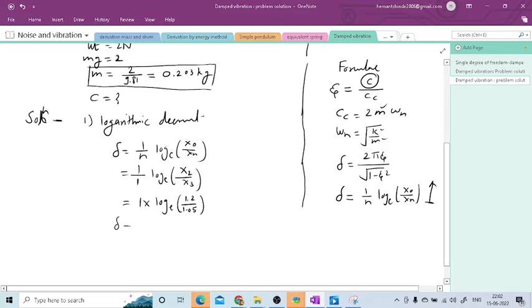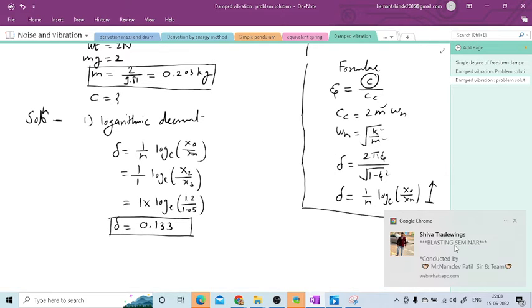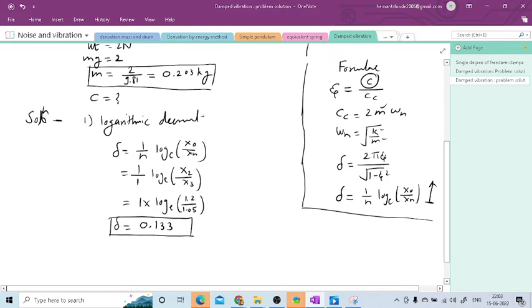Put these values in the calculator, you will get the value of delta. So if I solve this one, then the value of delta is 0.133. So there is no unit to delta. Okay. Now we have solved with this first formula. Now I'll put here the value of delta, so that we will get the value of zeta.